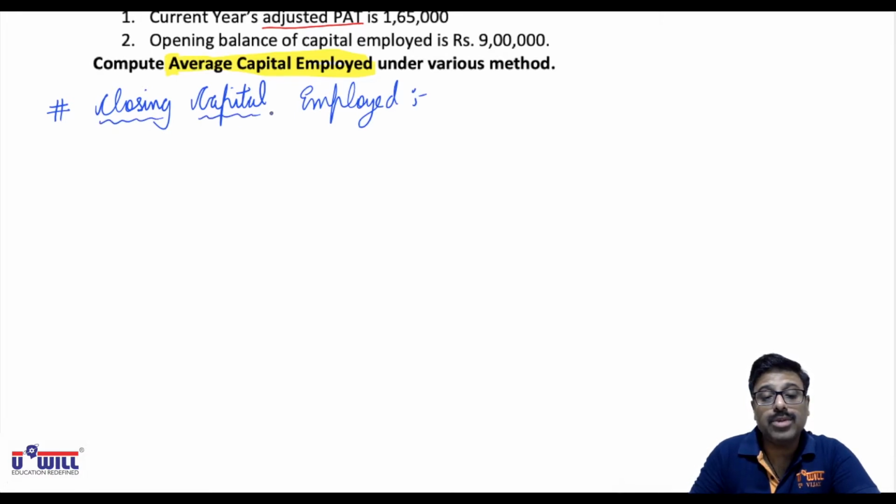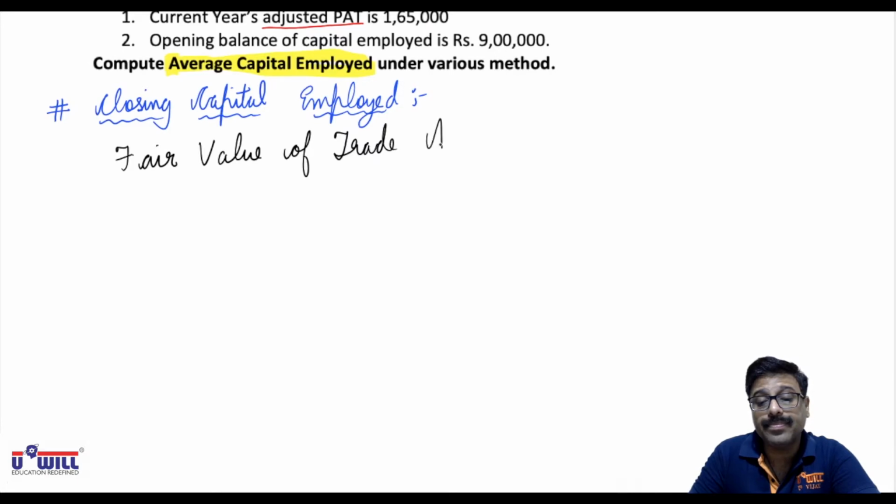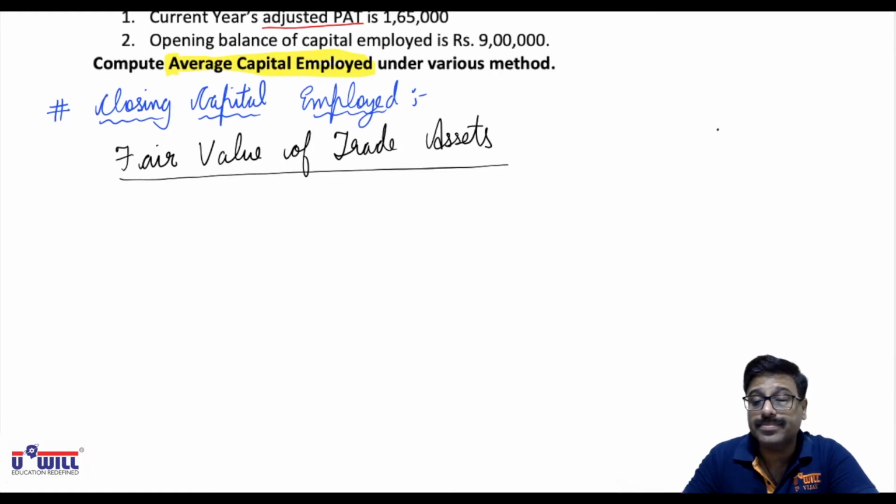Now, how to find closing capital employed? As we discussed, fair value of all trade assets. Now in fair value of all trade assets, what all will we include?